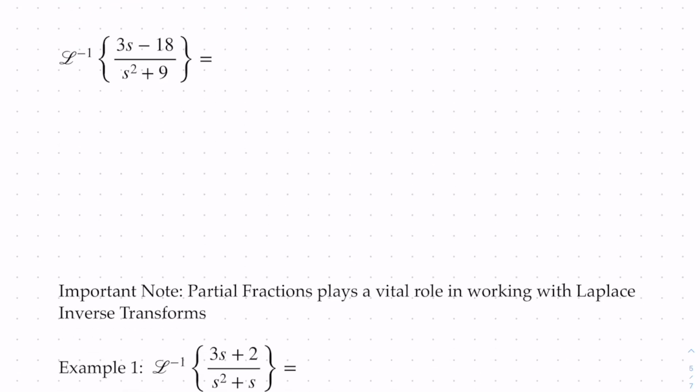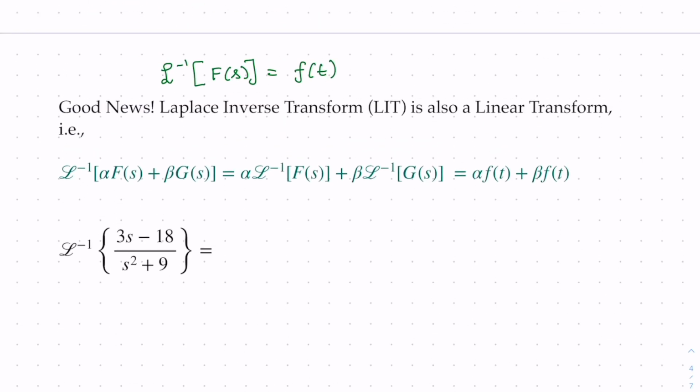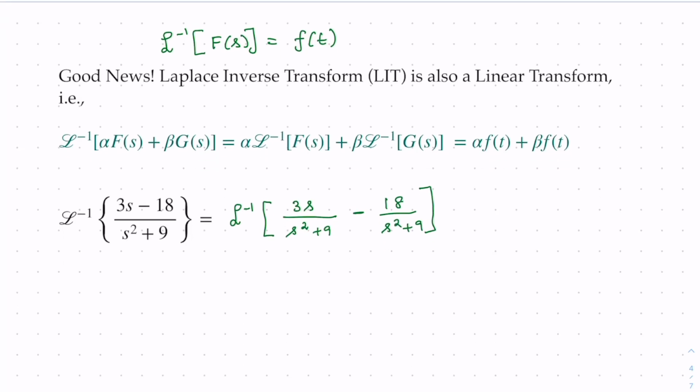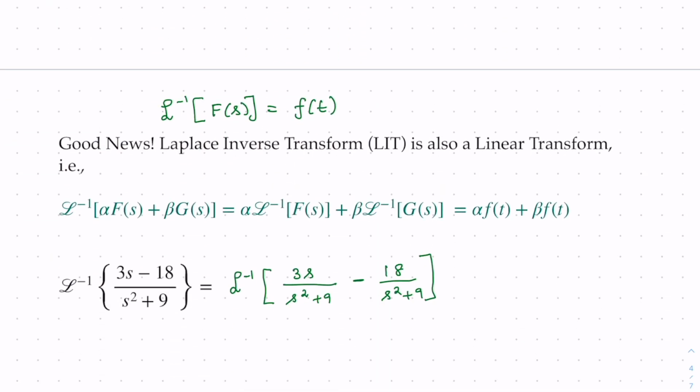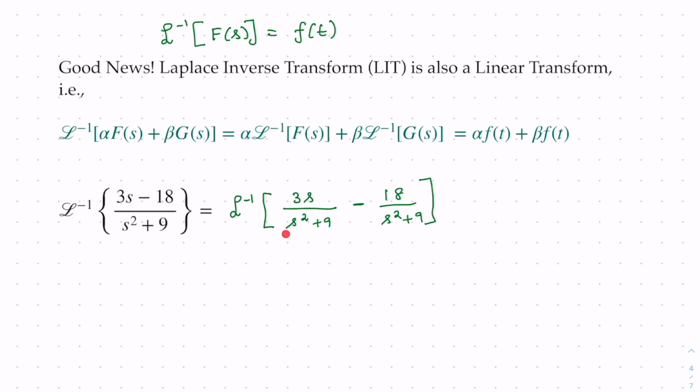We'll talk about something called partial fractions in a moment, but let's take a look at just this. This is a very simple one. You don't have to really use the partial fractions. So what I'm going to do is rewrite this as Laplace inverse of 3s over s squared plus 9 minus 18 over s squared plus 9, right? Then I'm taking a look at this formula right here, and the denominator seems to be s squared plus 9.